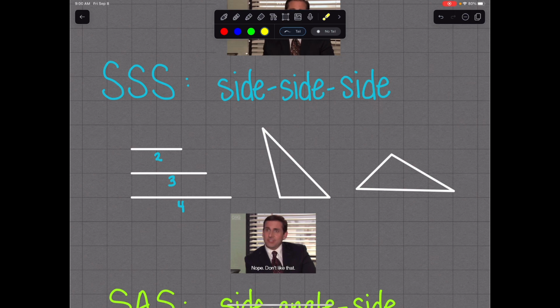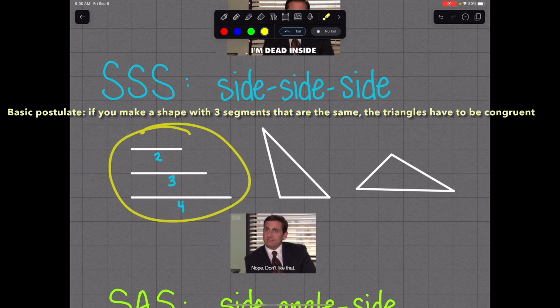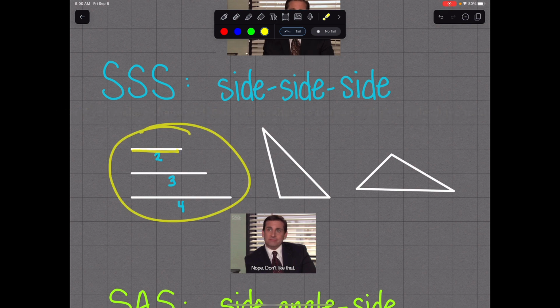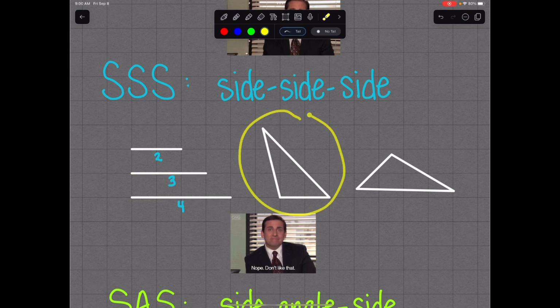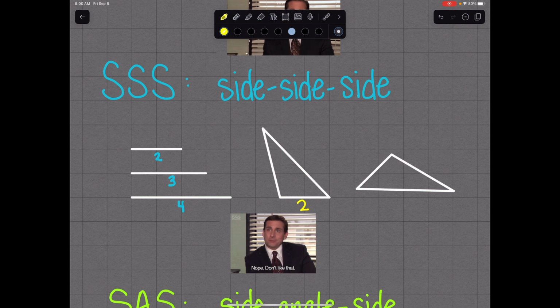All right, so here we have 3 segments. One is 2 units long, 3 units long, 4 units long. In the center figure here, we've made a triangle by using these segments. So we used side 2 here, the 2 is at the bottom.